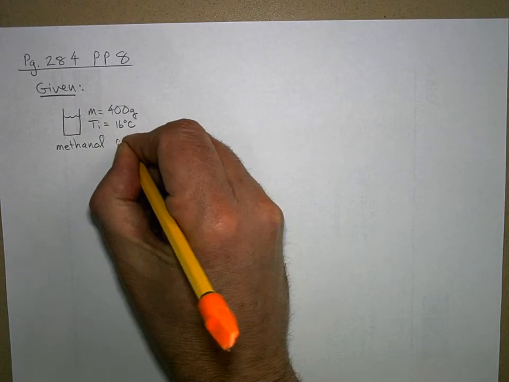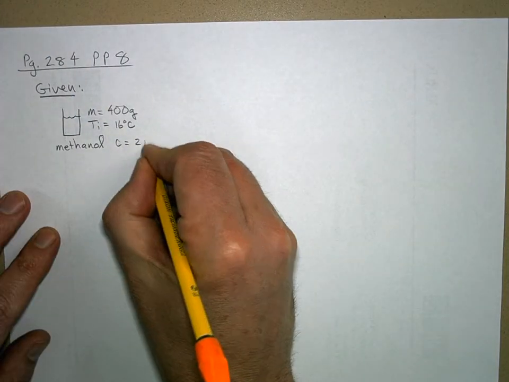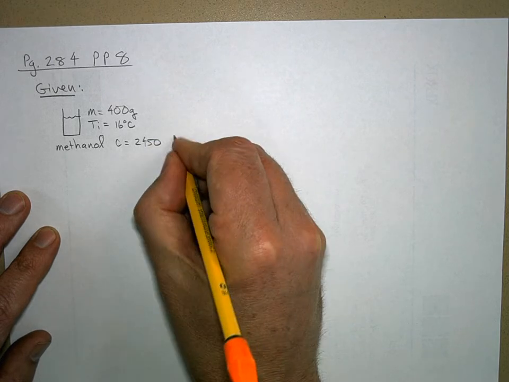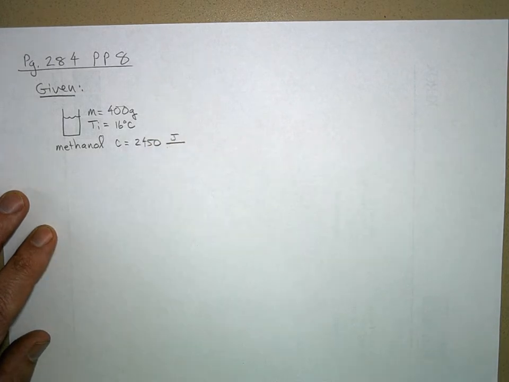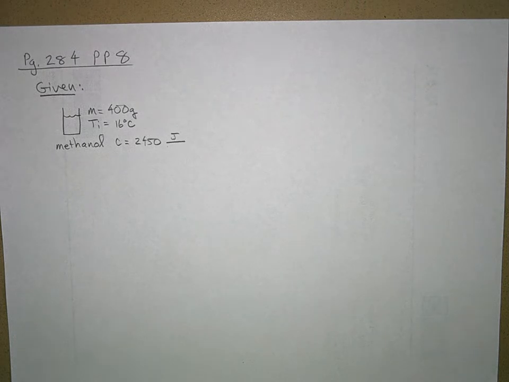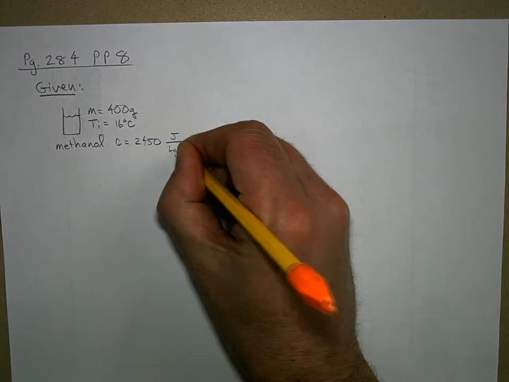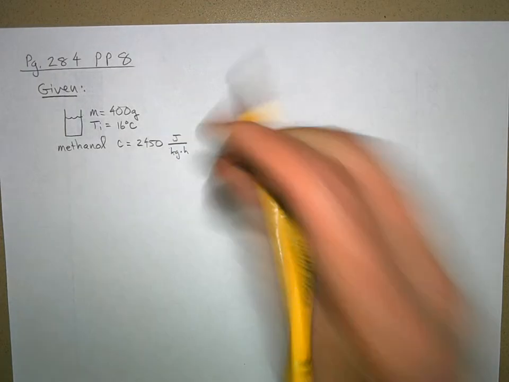If I look on the table on page 279, it's 2,450 joules per, I think, is it kilograms or grams? Let's see. Kilograms, kelvins.